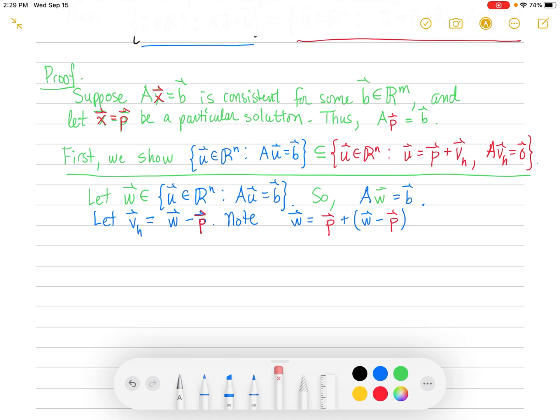Well, it's VH. So W is equal to P plus W minus P, which is equal to P plus, replacing W minus P with VH. That's what we had earlier, right? VH was W minus P.